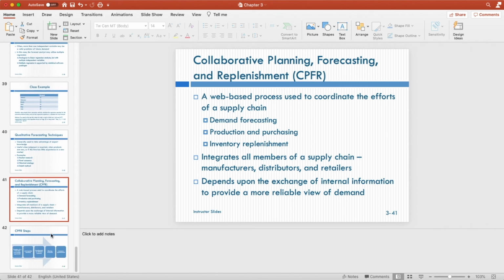The last one would be the collaborative planning, forecasting and replenishment. All right. So basically, collaborative planning is you trying to use different techniques together simultaneously in order to further improve your forecasting power.